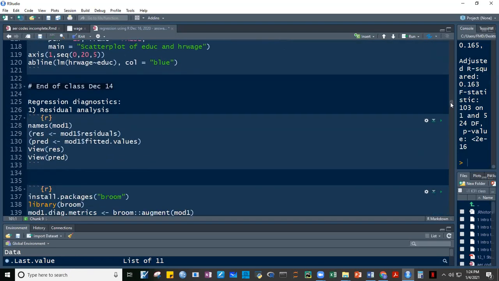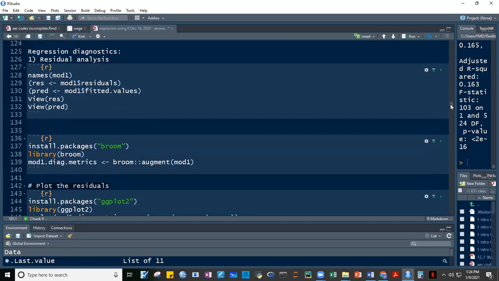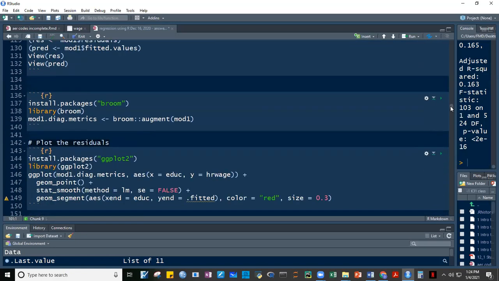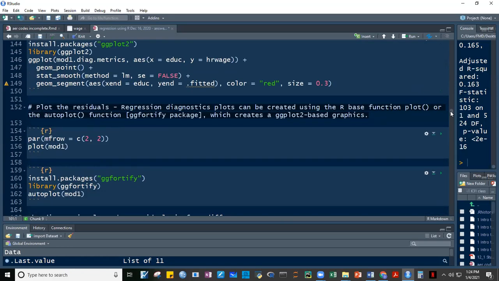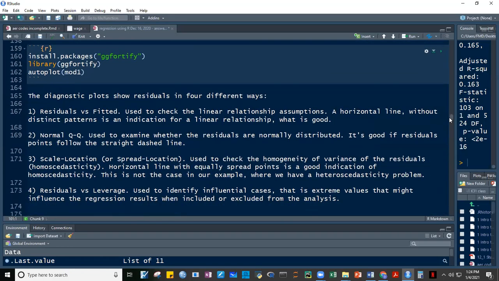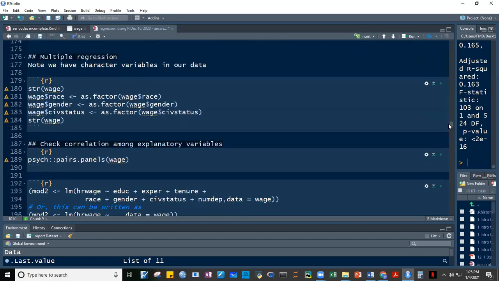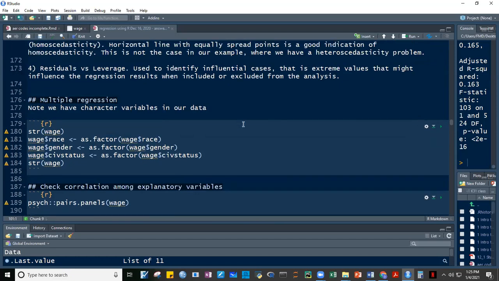And then, punta na tayo guys sa regression diagnostics. Let's skip that. Punta na tayo guys sa multiple regression. Babalikan na lang natin guys yung residual analysis sa multiple regression. We don't need that much for simple linear regression kasi usually hindi naman natin ginagawa yan.